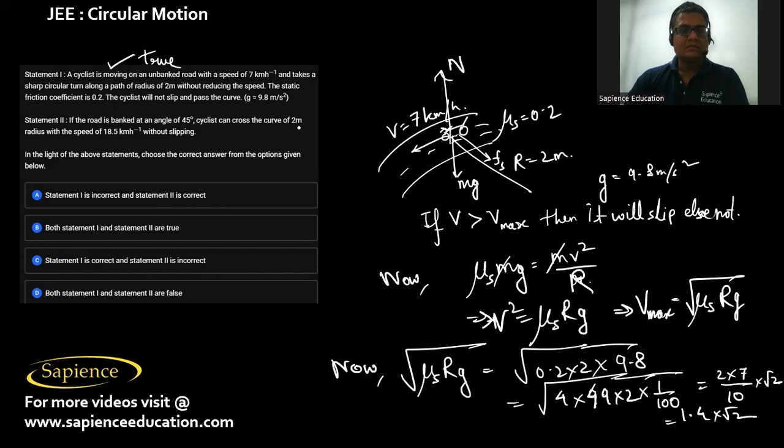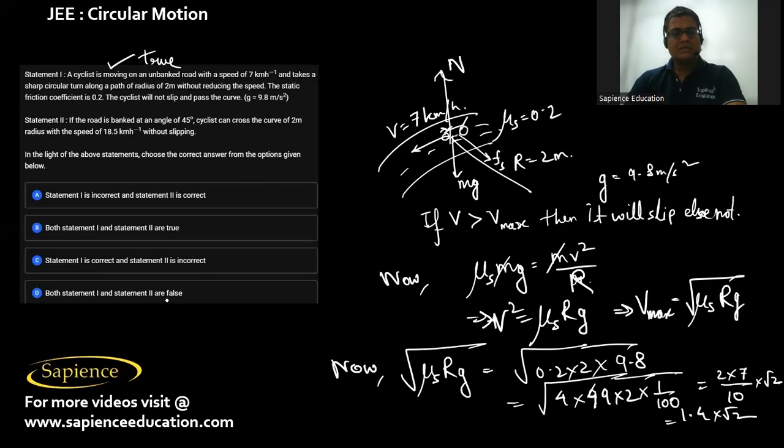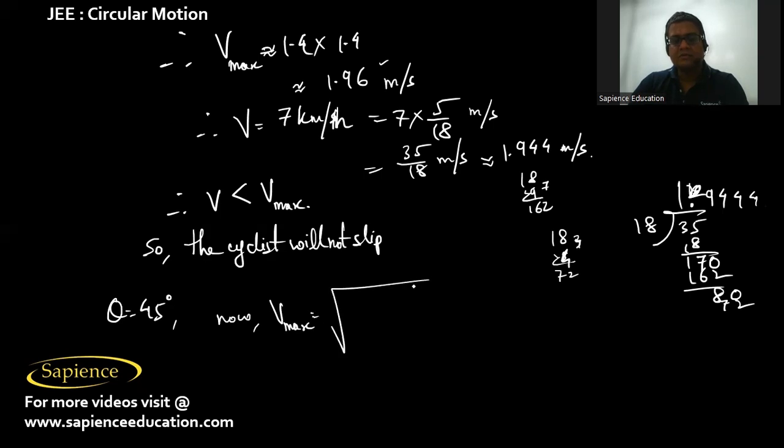can cross the curve of 2-meter radius with the speed of 18.5 kilometer per hour without slipping. So now if the road is banked, the angle of banking is 45 degrees, then the cyclist can cross the curve with this speed without slipping. So the maximum safe speed will be equal to root over Rg into tan theta plus mu s by 1 minus mu s tan theta.